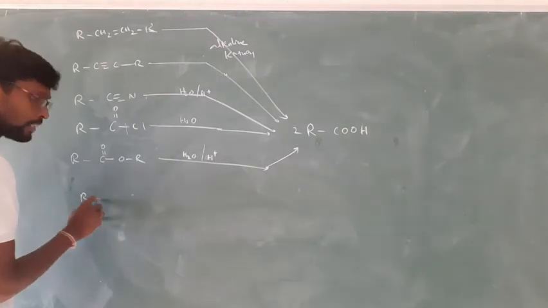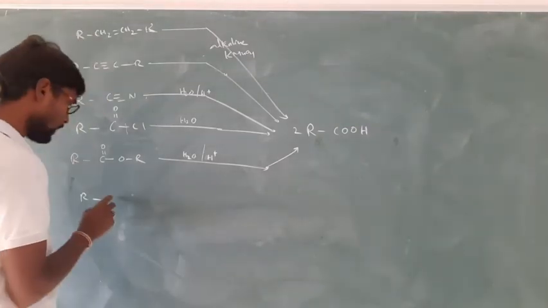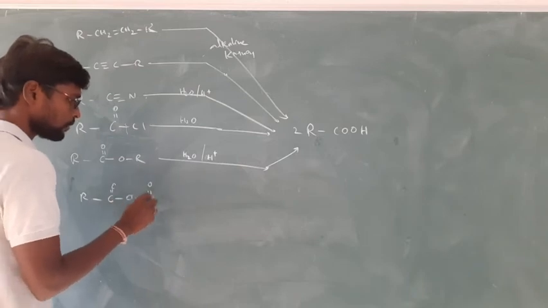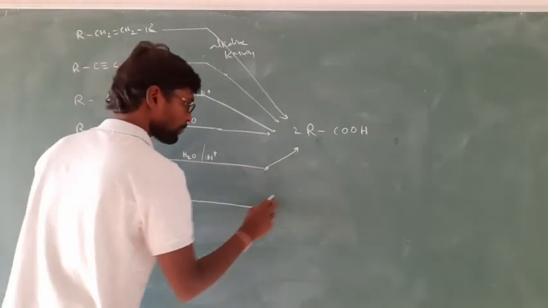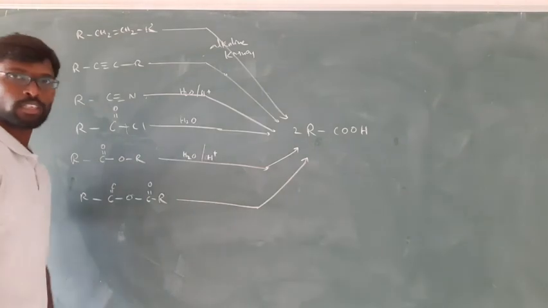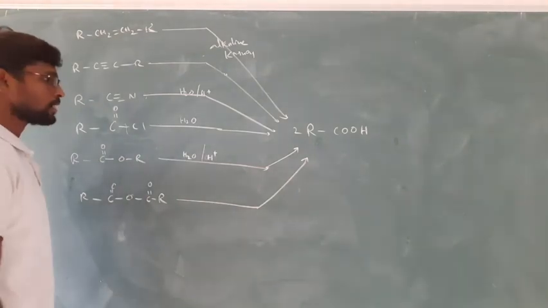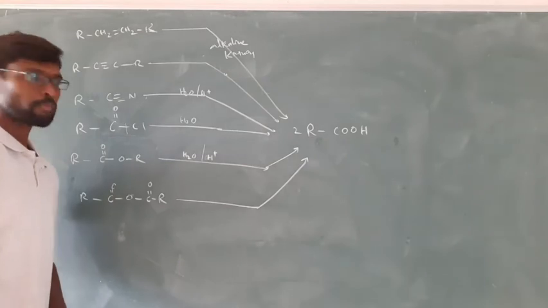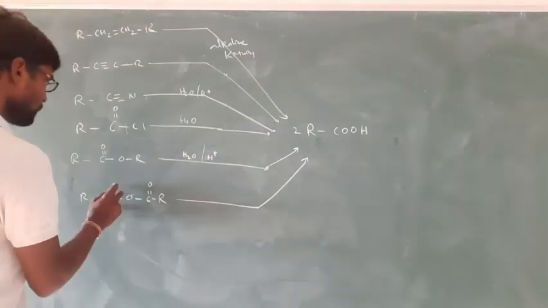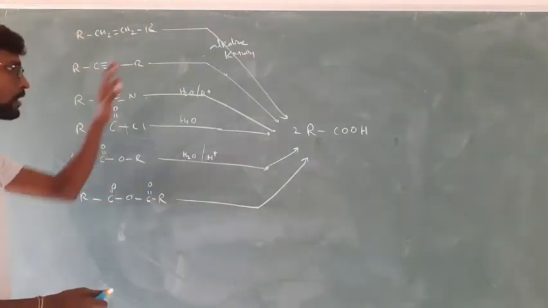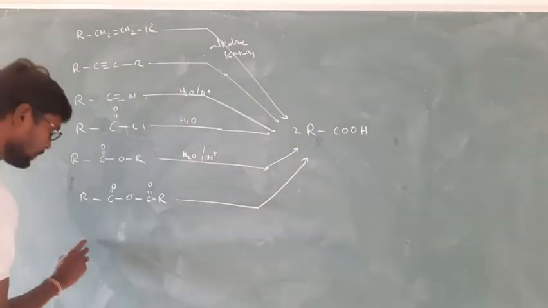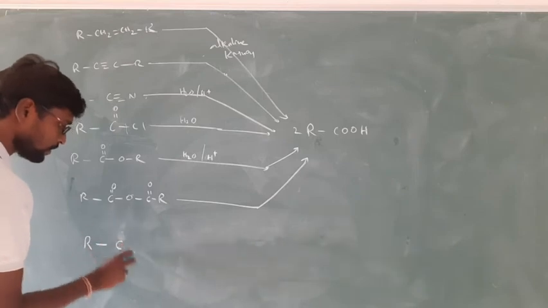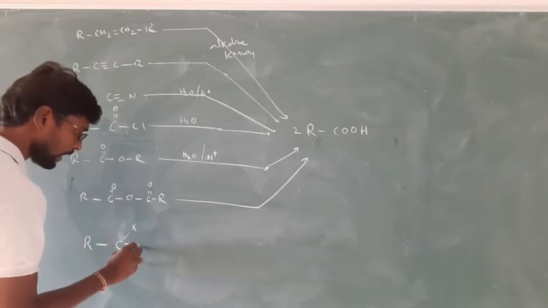Now if you hydrolyze anhydrides, RCOOCOR, again the same thing, you get carboxylic acids. So these are the general methods for the preparation of carboxylic acids. Now one more thing, not a hydrolysis, somewhat different: that is, if you are doing trihalides, where trihalides are there.